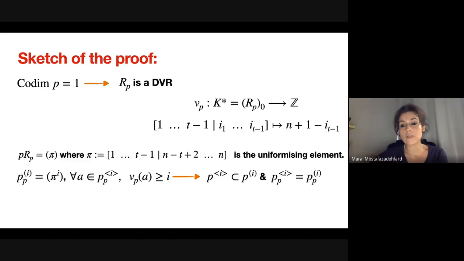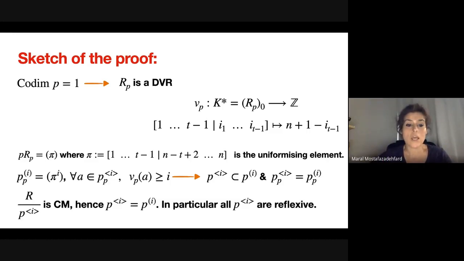For this, we need to show that these fake powers are unmixed R-modules. But after some lemmas and some difficulty, we could show even better: that these fake powers are Cohen-Macaulay, much better than unmixed. So by the Cohen-Macaulay property, we get equality between the symbolic power and these fake powers. And in particular, they are reflexive R-modules.